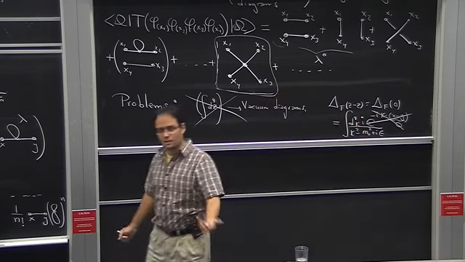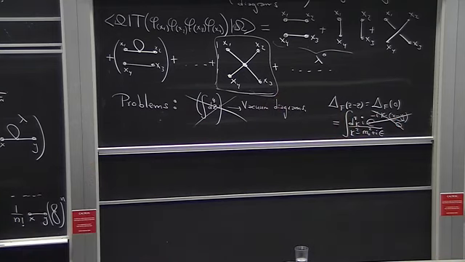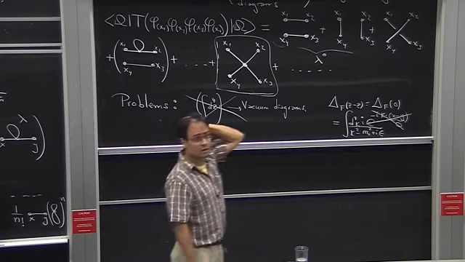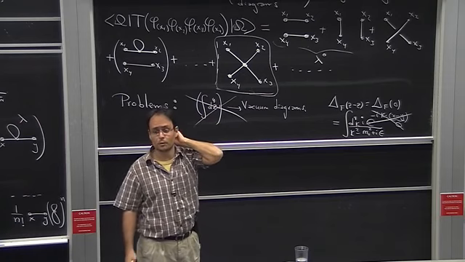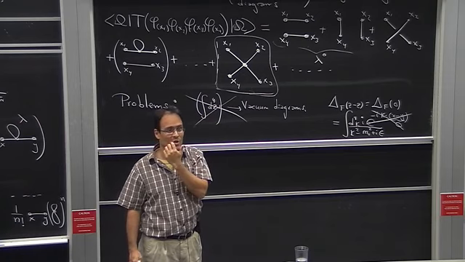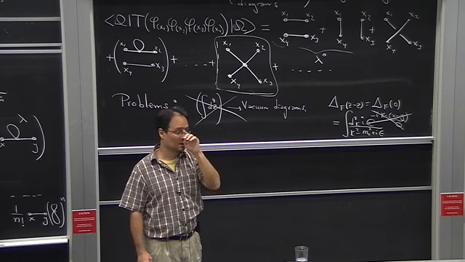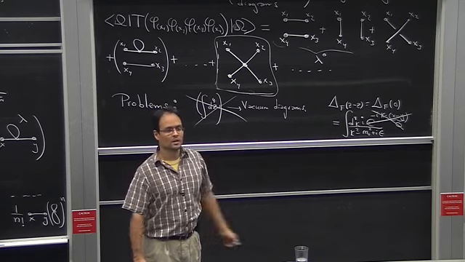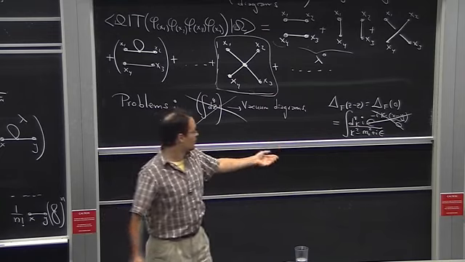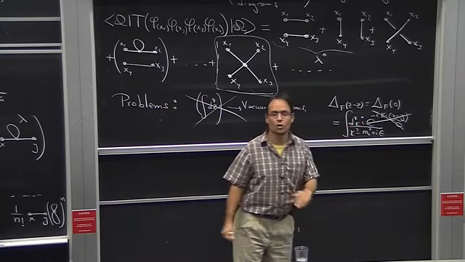This integral is ill-defined. Why is it ill-defined? What do you think? It doesn't converge. Can everybody see why it doesn't converge? What is a region of momenta that will give you trouble?